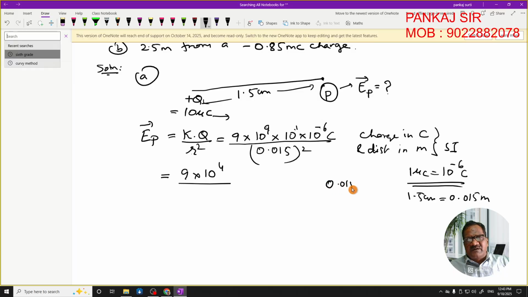Now this 0.015 the whole square I can write as 15 upon 1000 whole square, which is 15 square, 225, and 1000 square is 10 raised to 6. So 0.015 square can be written as 225 into 10 raised to minus 6.